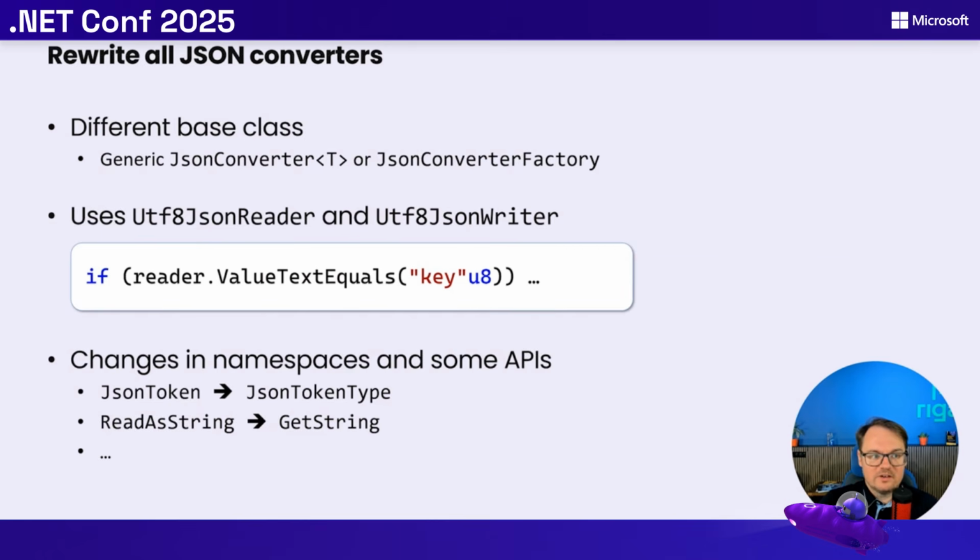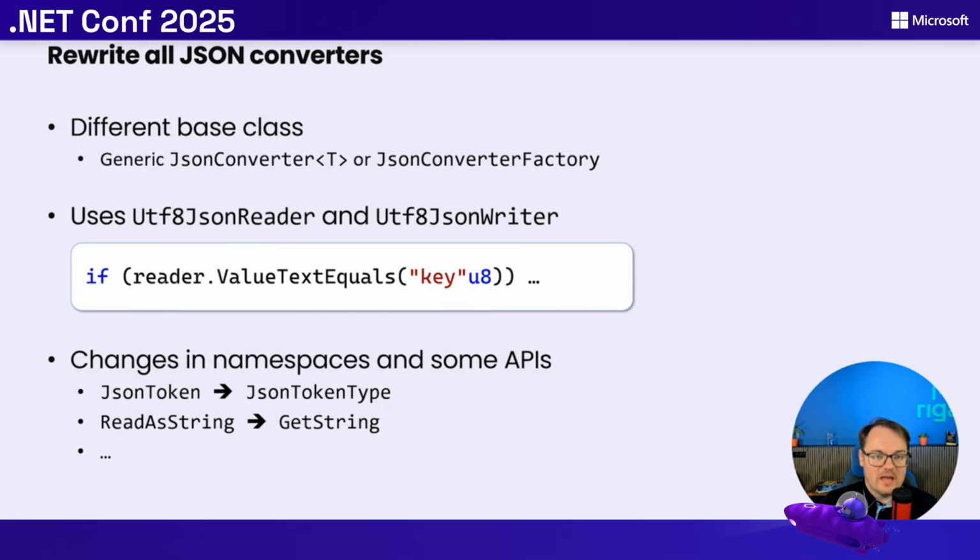The first thing that you would probably expect is that the new implementation has a different API for defining your own custom JSON converters. So if you use Newtonsoft.Json and you have implemented your own JSON converter, you will need to rewrite it to System.Text.Json.